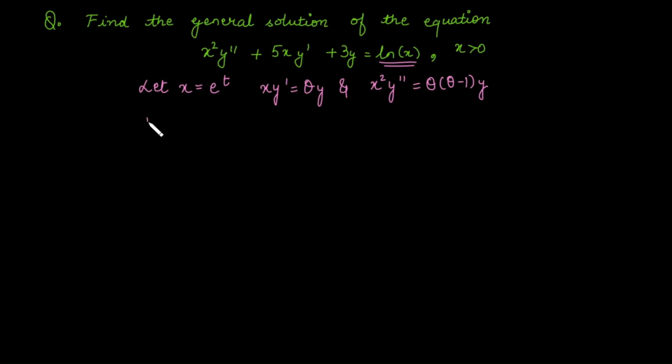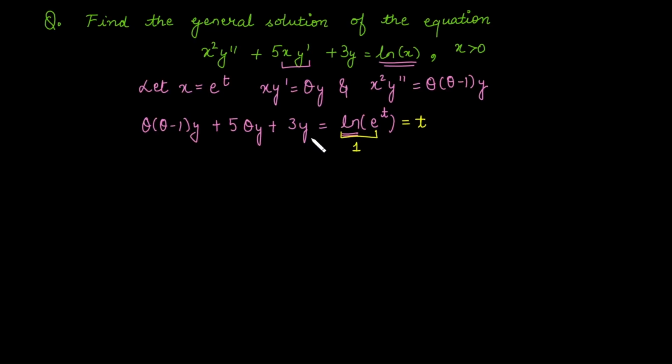So we have theta into theta minus 1 into y plus 5 times x into first-order derivative as theta y plus 3y is equal to log of e raised to power t. This is a log with base e of e, that will give you 1, and finally we have in this case is equal to t.